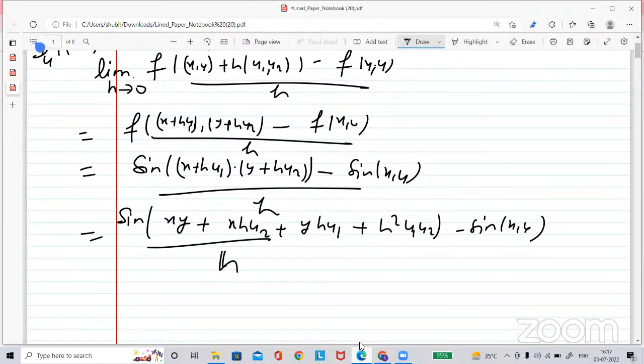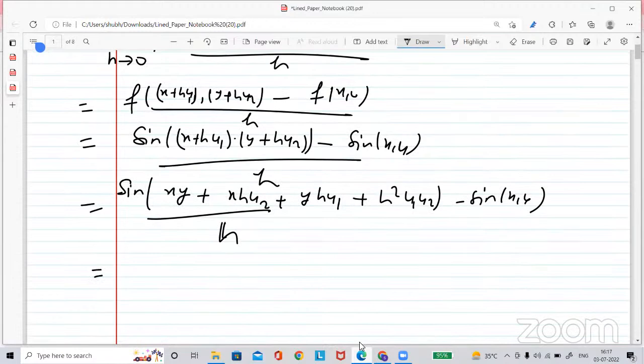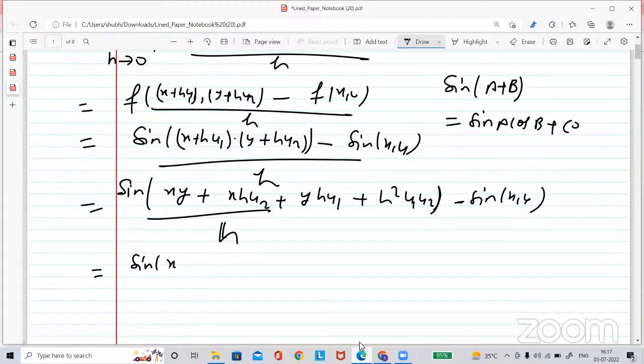So now what is sir doing? I think we need to take the derivative, no? No, here it is not a derivative. Sir is applying sine of (a plus b), which can be written as sine a cos b plus cos a sine b. Is it correct?